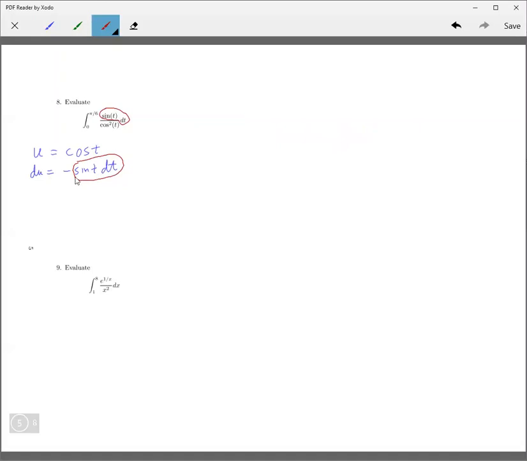Bringing the negative over to the other side, all of that is going to get replaced with a negative du. So this part gets replaced with a negative du, and then you have cosine squared. Since u is cosine, this cosine squared gets replaced with u squared. That handles all of this, just like we previously did with this value for u.